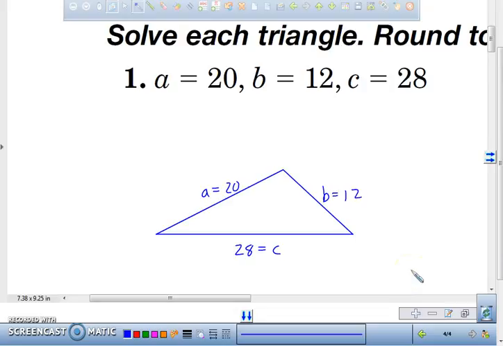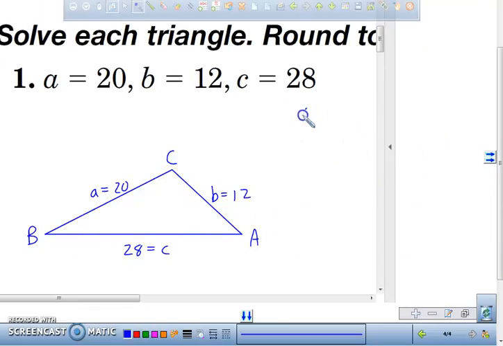Now, I just drew this triangle, estimating some lengths. But I do need to make sure I put the capital C across from lowercase c, capital A across from lowercase a, and capital B across from lowercase b. We're going to use the law of cosines to find all of these missing angles, because we actually have all the sides.